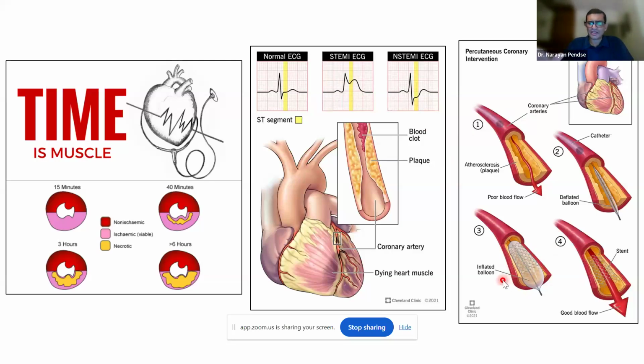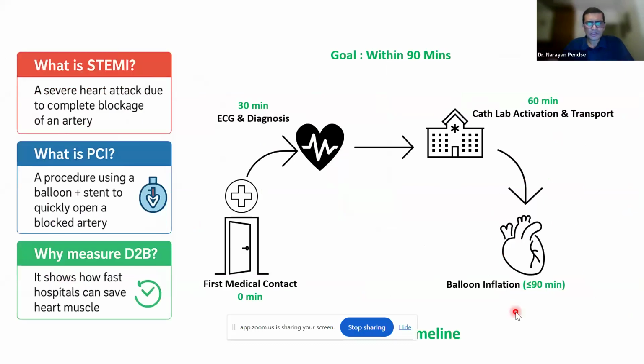The balloon opens up the artery and the flow gets re-established. Thus, the heart muscle distal to this block starts getting blood and starts working normally as it was before the block had happened. So it is very important to understand the type of cardiac event and the intervention accordingly.